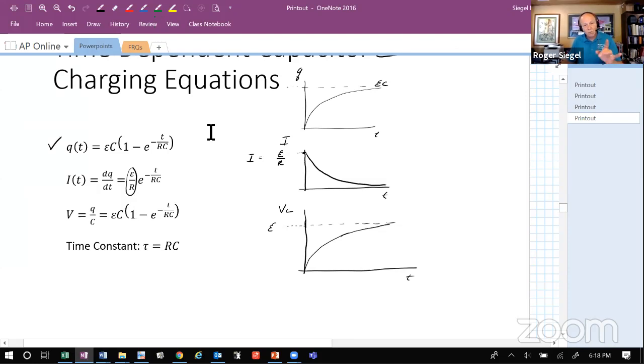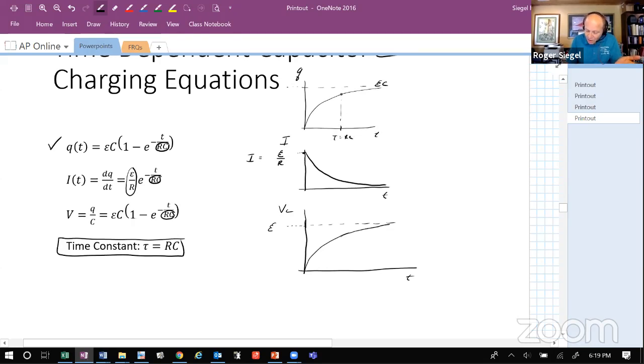Now, there's one more thing that we want to look at before we try some problems, and that is the time constant, okay? And so the time constant is this RC. You can see it in all of these, t over RC, t over RC, t over RC. Now let's see what that means. If we go one time constant over here, this is t equal to RC. That's one time constant.